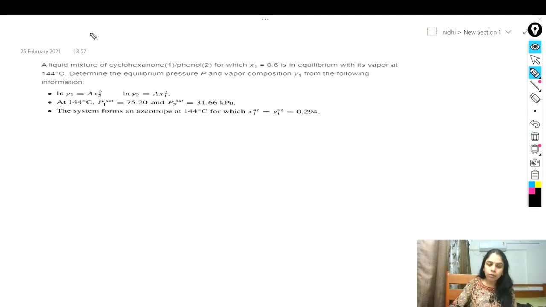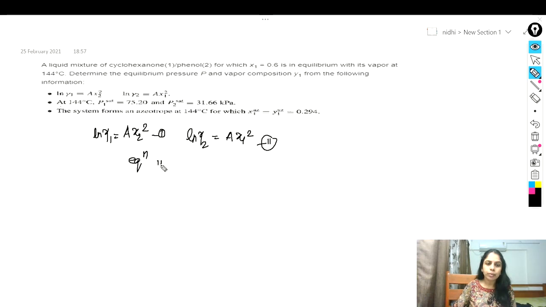Okay, so now two relations are given to us. First one is ln gamma 1 is equal to A x2 square, and second one is ln gamma 2 is equal to A x1 square, right? Let's take this as equation number 1 and this as equation number 2. Just subtract equation number 1 from equation number 2.